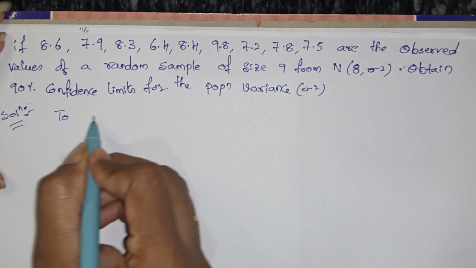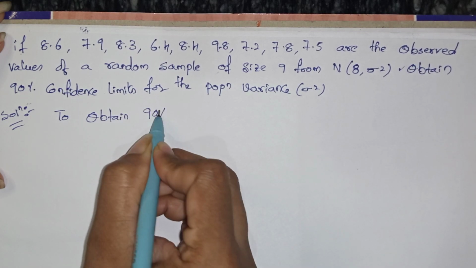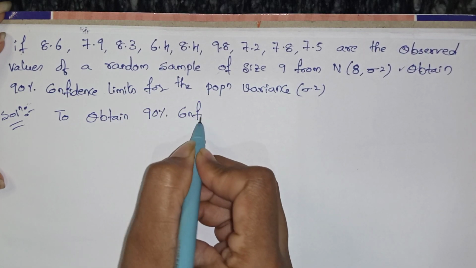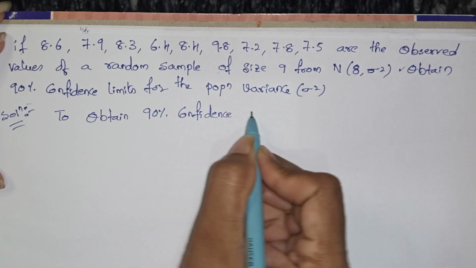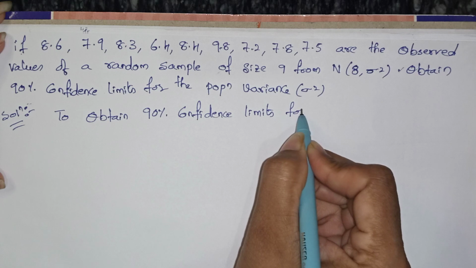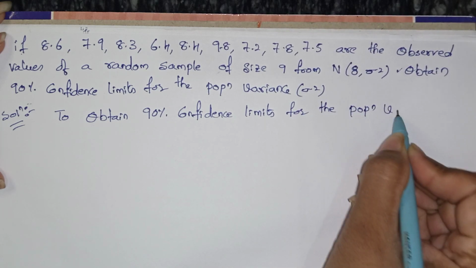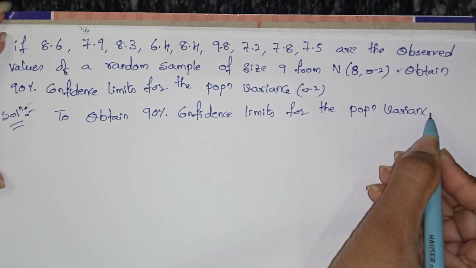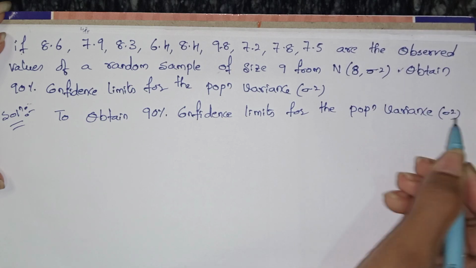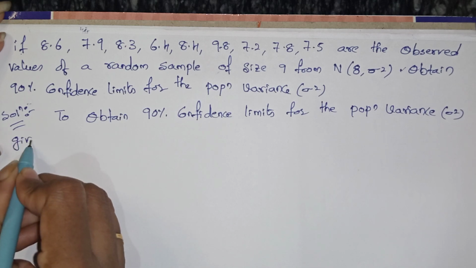To obtain 90% confidence limits for the population variance, sigma square, given the sample points.